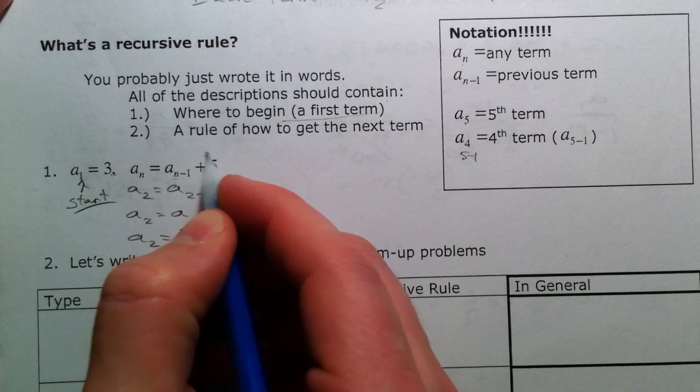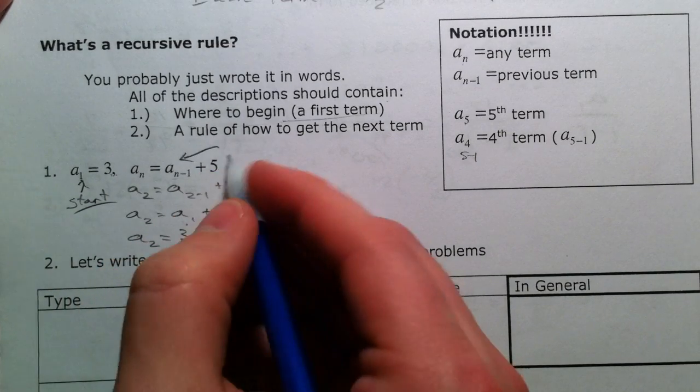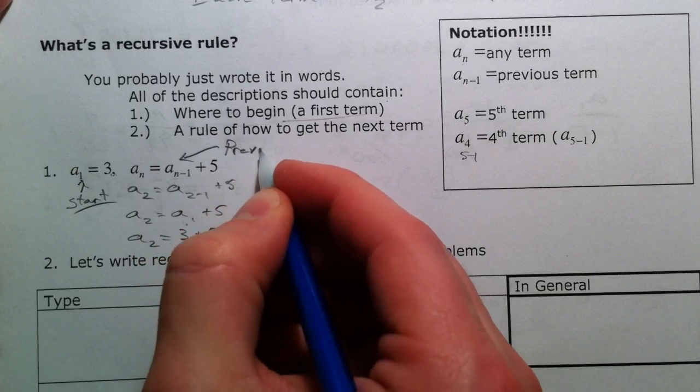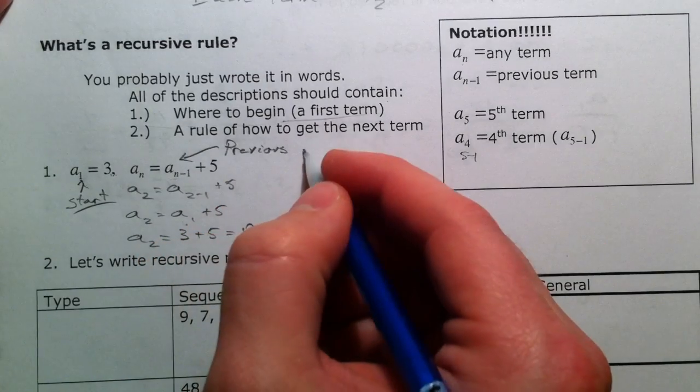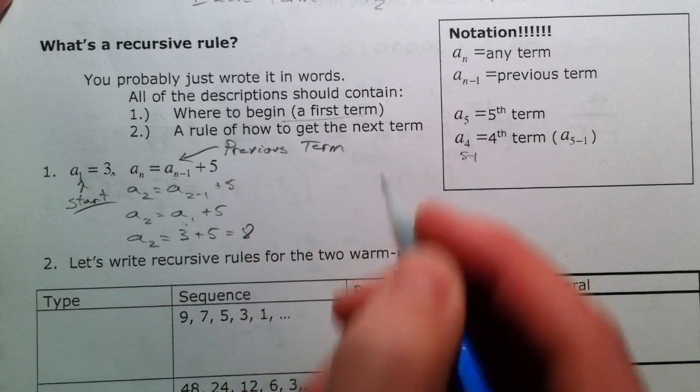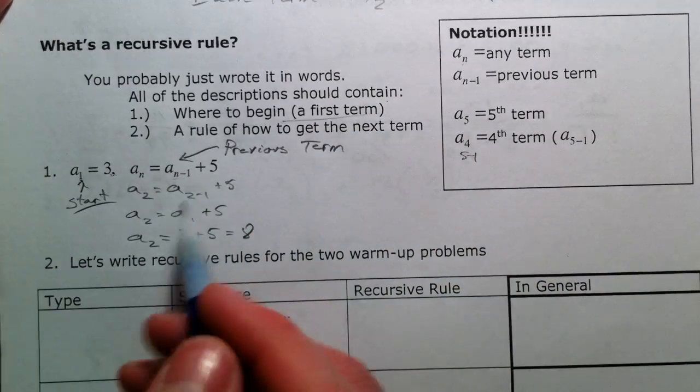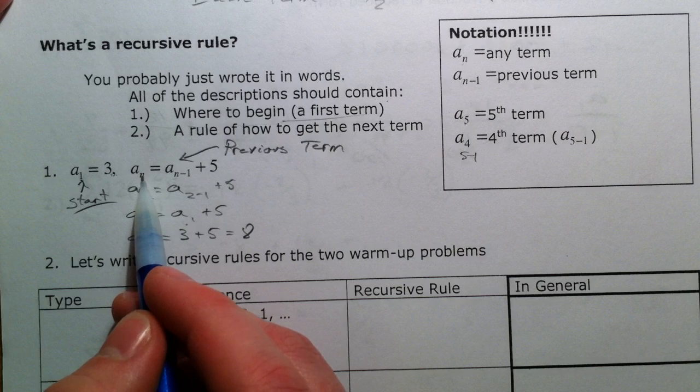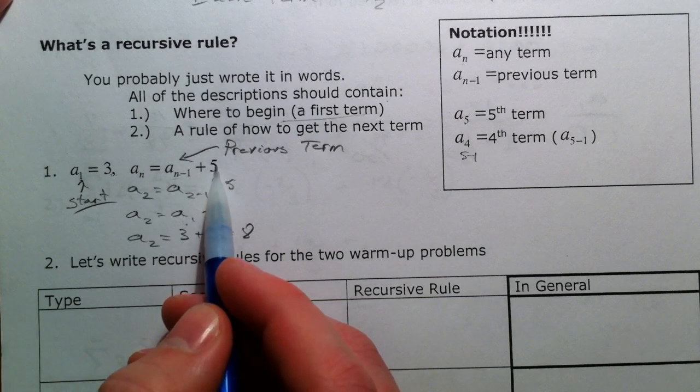So the biggest thing you need to know is that a sub n minus 1 is the previous term. And so if you were to describe this in words, you would be fine with this. It's just the notation that gets in the way. So how to find any term is to use the previous term and add 5.